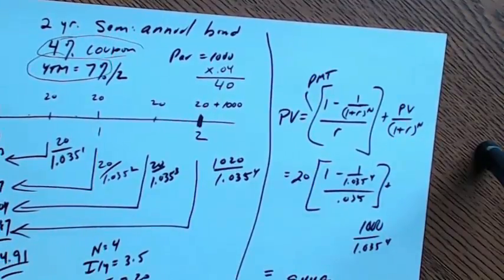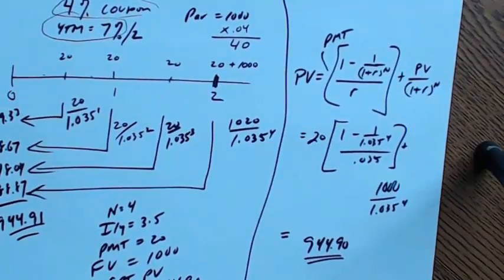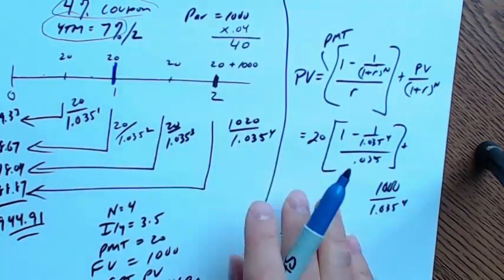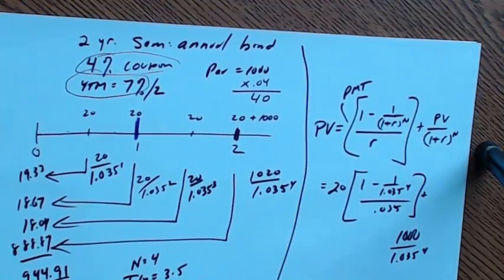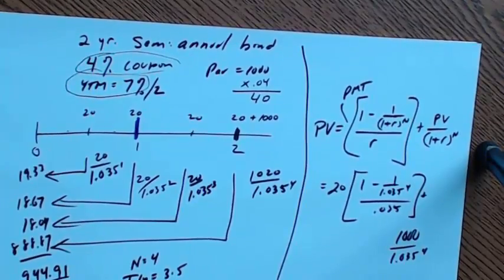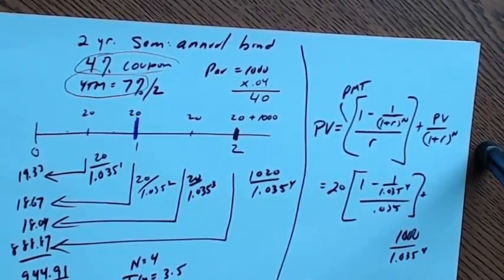Now, one more thing with the bond. Let's assume that this bond is callable after 1 year, and that it's callable right here. And if it's callable at 1 year, it's going to be callable at par value plus an annual interest payment.